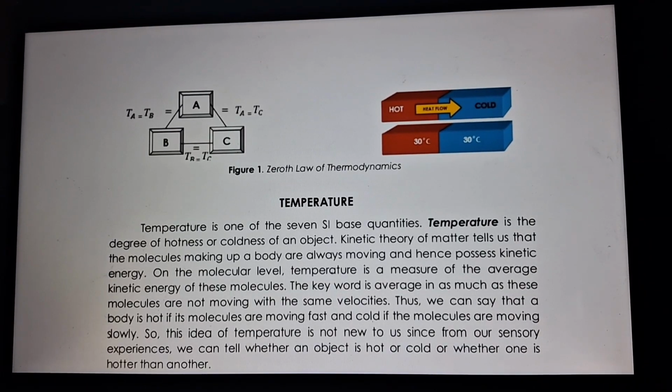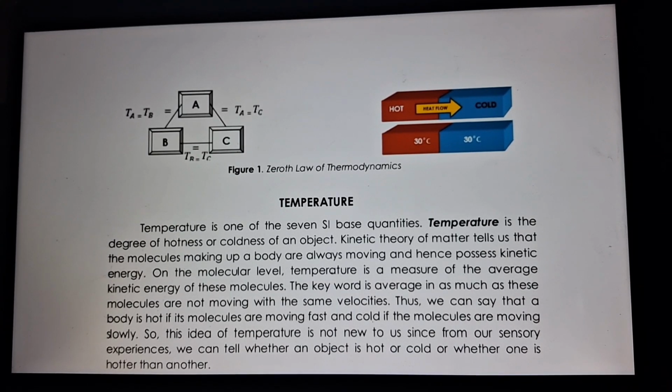So what is temperature? Temperature is one of the 7 SI base quantities. Temperature is the degree of hotness or coldness of an object. On the molecular level, temperature is a measure of the average kinetic energy of the molecules.